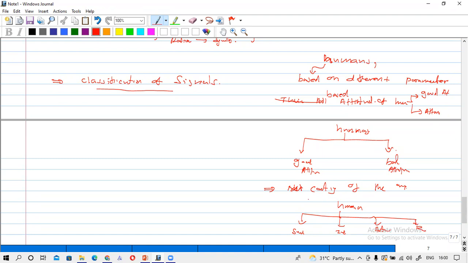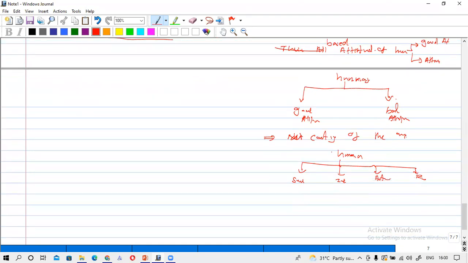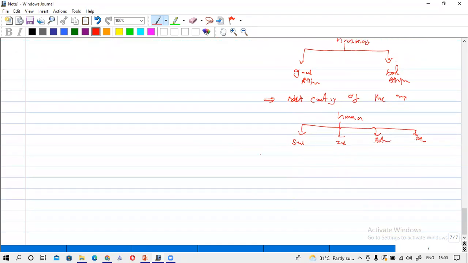So based on their countries, we can classify people. Maybe also based on their color, we can classify humans: a black person, a white person, a gray person, like this.